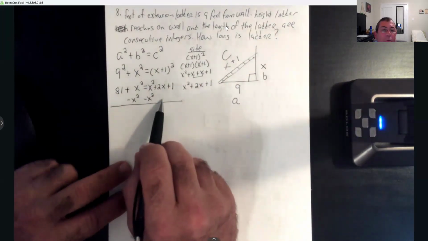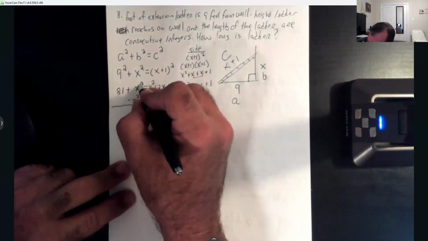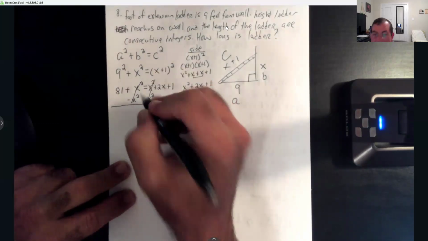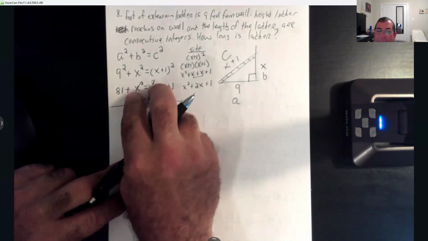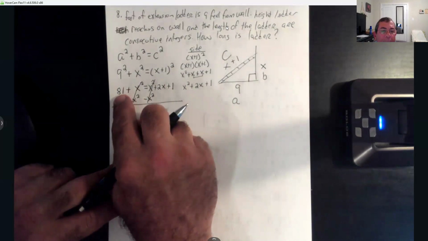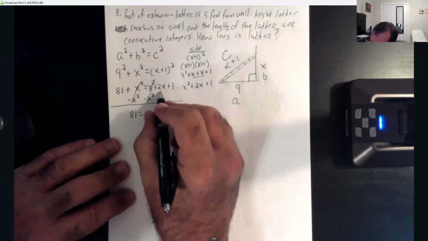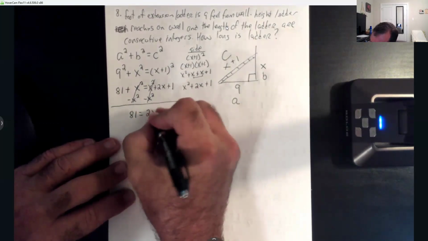I can't move the X squareds to one side because when I try to move them, they cancel here and they cancel here. Y'all's X squareds are going to cancel out just like mine. So all that's left for me is 81 over here, and that's going to equal my 2X plus 1.